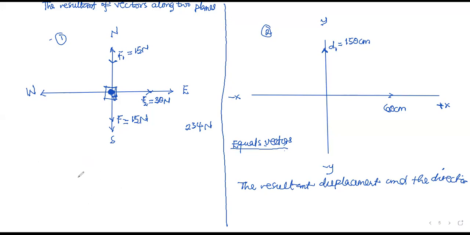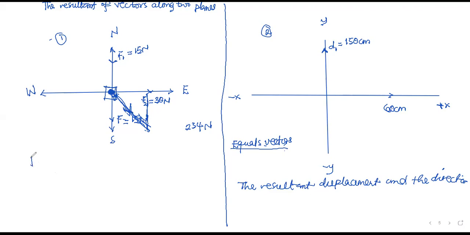All right, let's see. So once F2 is perpendicular to F1, the resultant will act along the diagonal downwards like this. It will act along the diagonal.